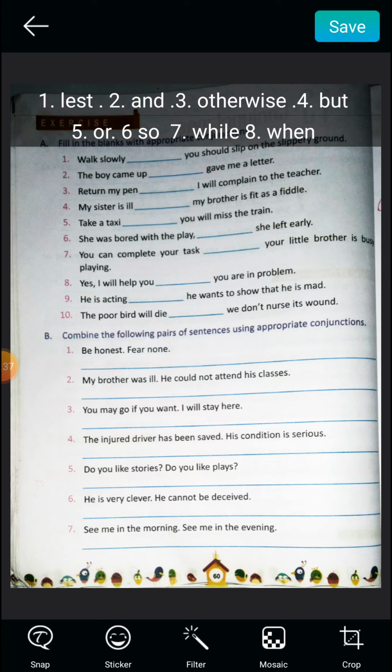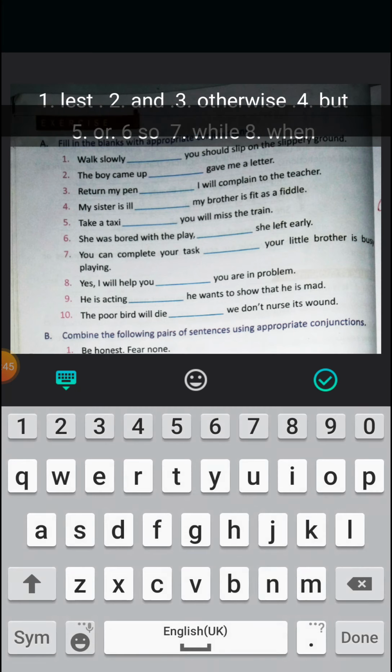Let's move on further. Sentence 9 is: he is acting dash he wants to show that he is mad. We should use "as if" in that. So write in 9, as if. As if means mano. He is acting as if he wants to show that he is mad. 10th one: the poor bird will die dash we don't nurse it once.